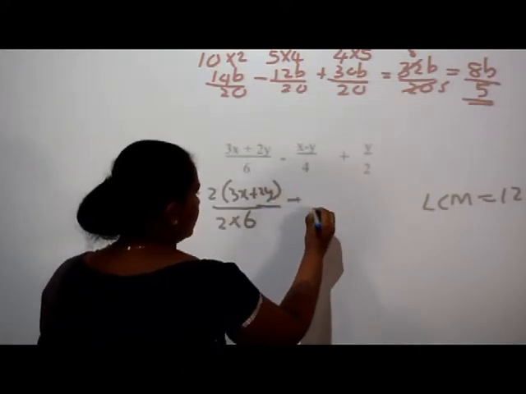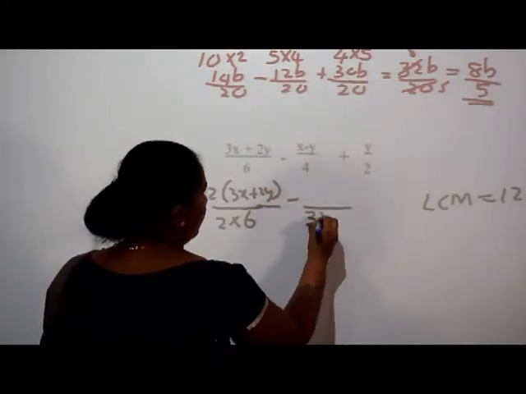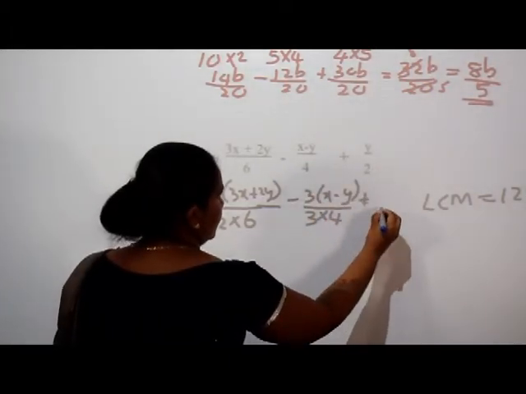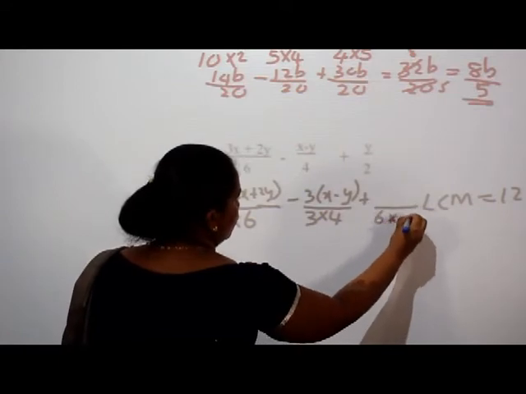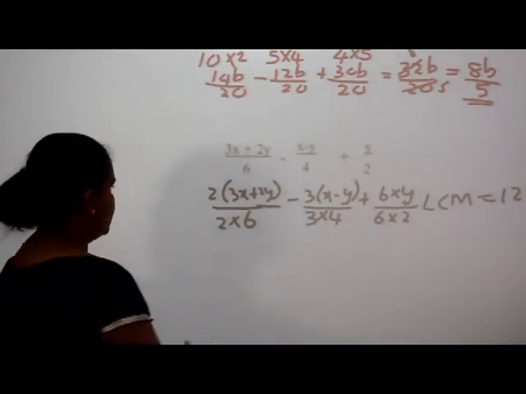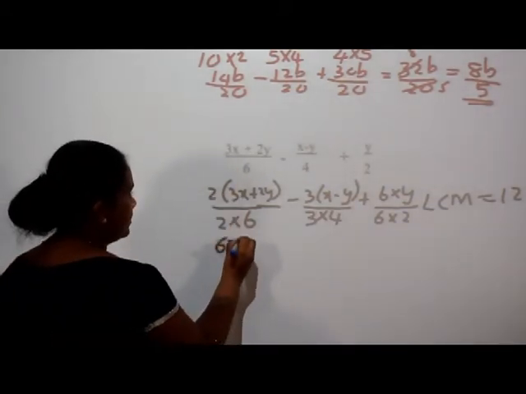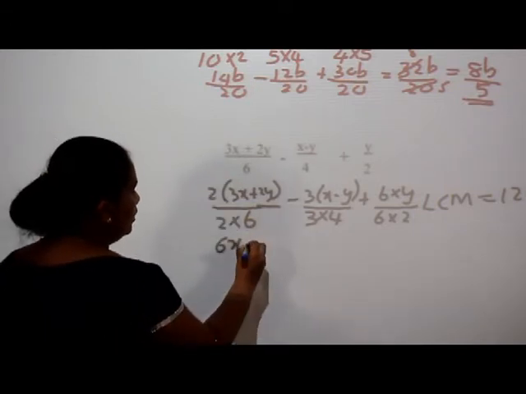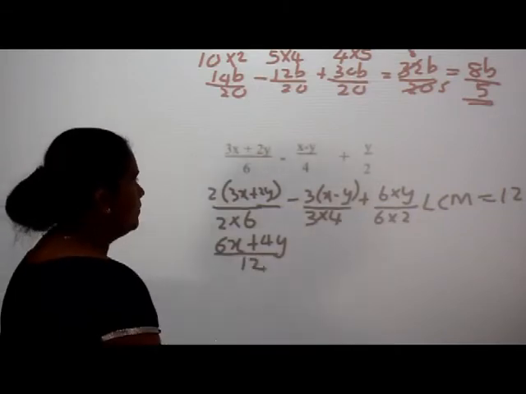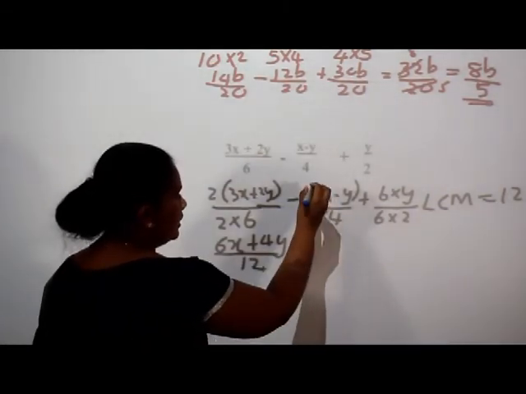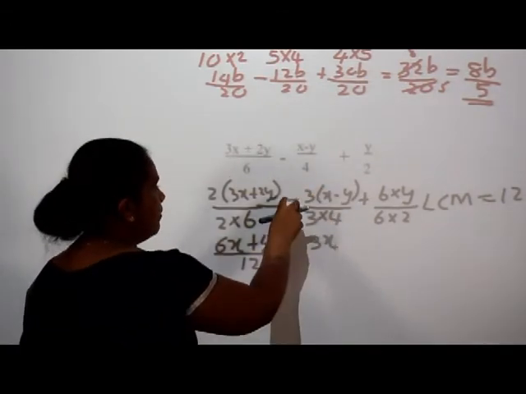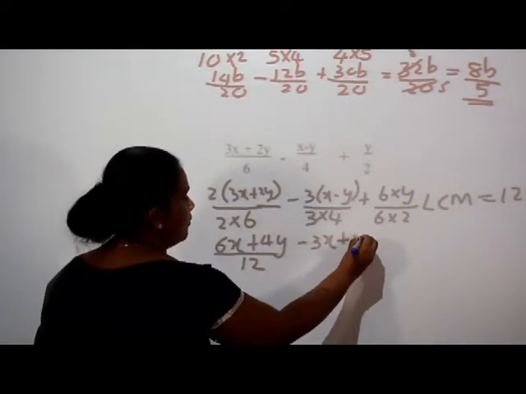Then here also, 3 into 4, 3 into x minus 1, plus here 6 into 2, 6 into 1. Right. Now let's remove the brackets. 2 into 3x, 6x. Then 2 into 2y, 4y, over 12. Here minus 3 into x, minus 3x. Here minus into minus y, plus y over 12.